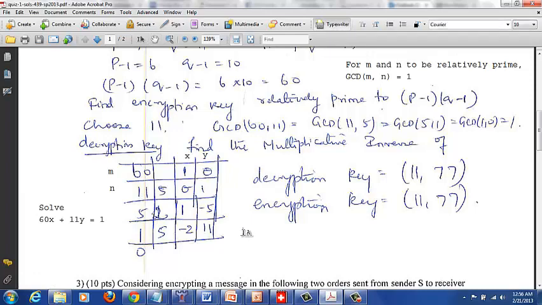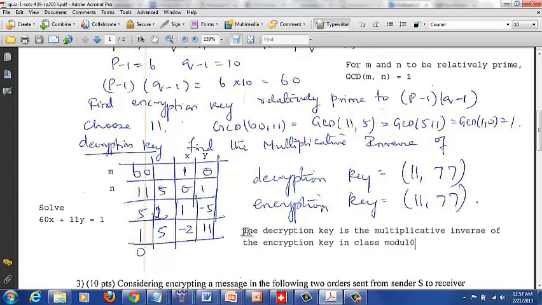The decryption key is the multiplicative inverse of the encryption key in class modulo (P minus 1) times (Q minus 1).